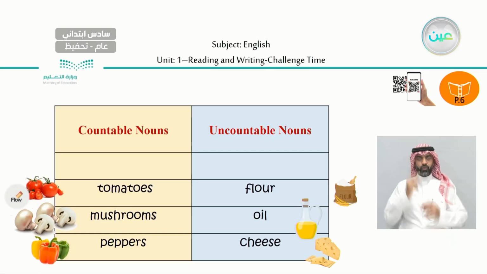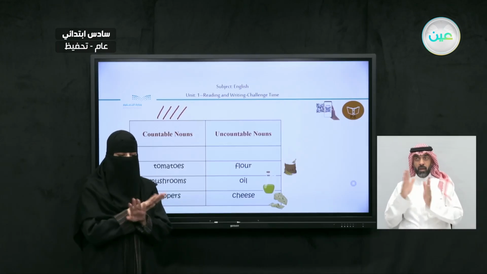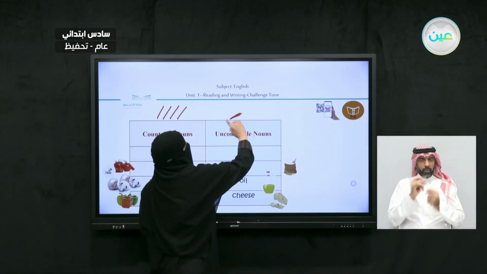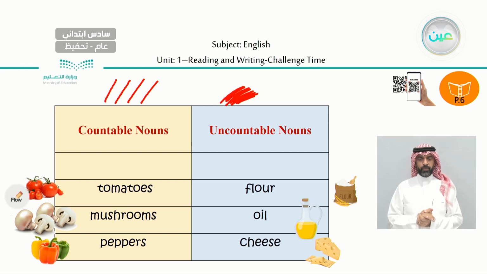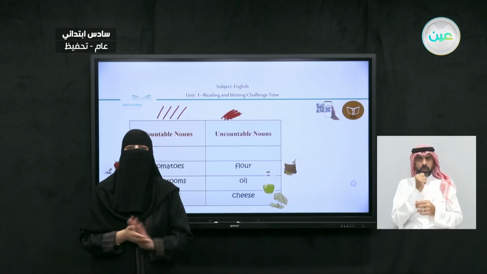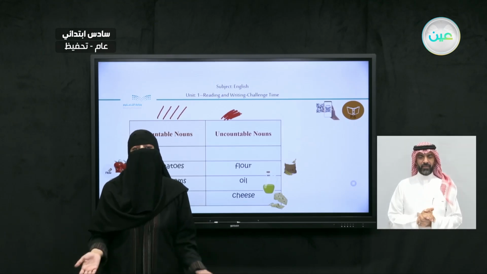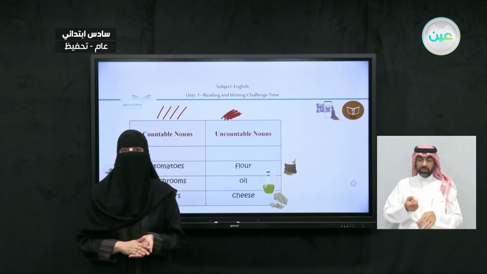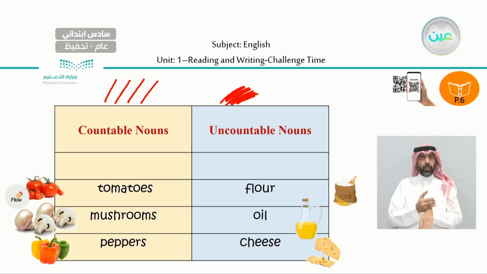Countable nouns, we can count 1, 2, 3, 4, 100, 1,000, okay? But what about uncountable? It means not countable. Yes, we can't. Something like liquid, something like powder. Okay, we can't count. Okay, because it's not easy. Okay, you don't want to spend your time counting. Okay. So let's see here.